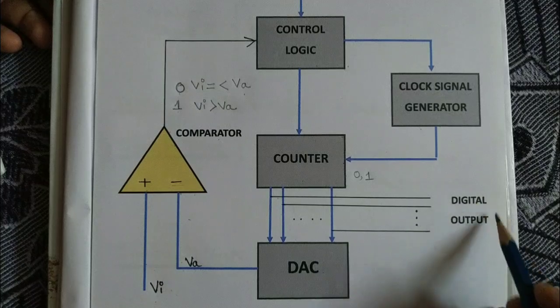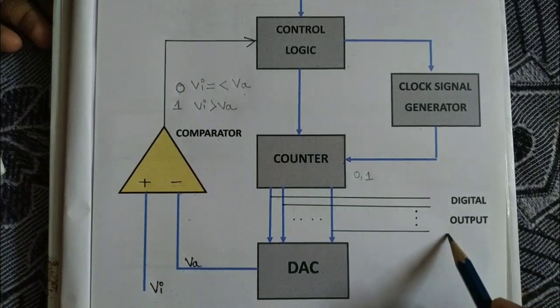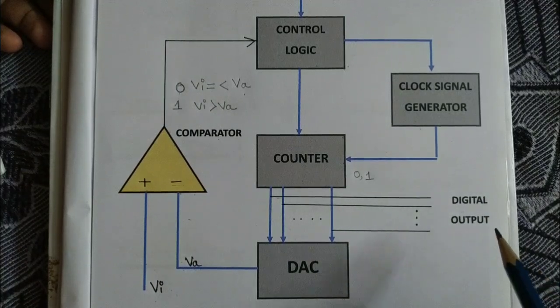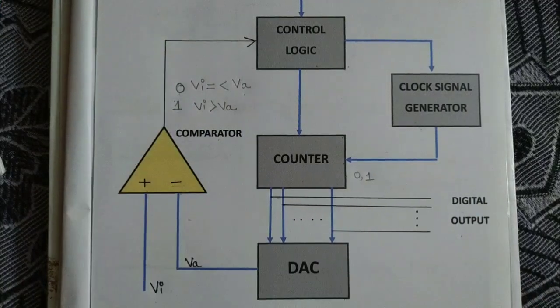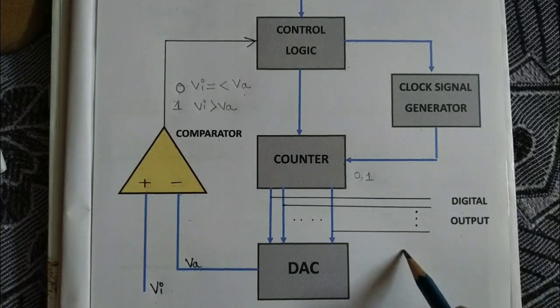This is the digital output which is taken as the output when the comparator produces 0. I hope you have understood the working of counter type ADC. It is related to every block.